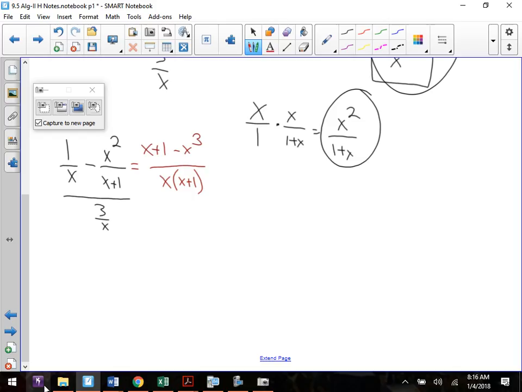Pretty much. Anyway, so multiplying the numerator, the fraction on the left needs the x plus 1, the fraction on the right needs the x, so that's why I wrote it as x plus 1 minus x cubed, divided by the 3 over x. Flip that bottom around.